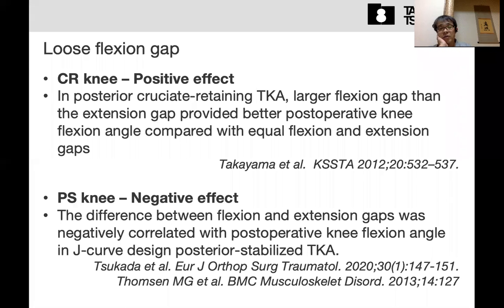I don't know the reason, but maybe the stability in the PS knee is provided by the cam and post engagement, and a loose flexion gap can cause abnormal engagement of the post and cam. Maybe this is the reason for the negative effect of the loose flexion gap in the PS knee.